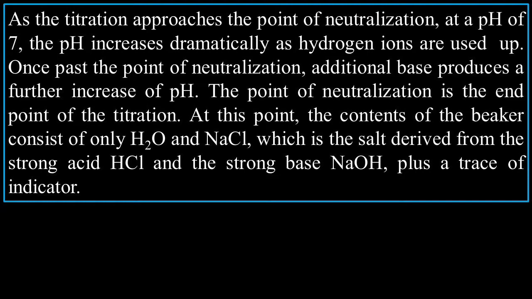The point of neutralization is the end point of the titration. At this point, the content of the beaker consists of only water and sodium chloride, which is the salt derived from the strong acid HCl and the strong base NaOH, plus a trace of indicator.